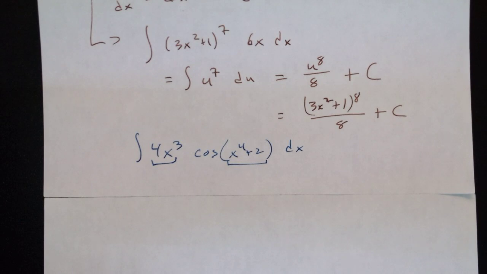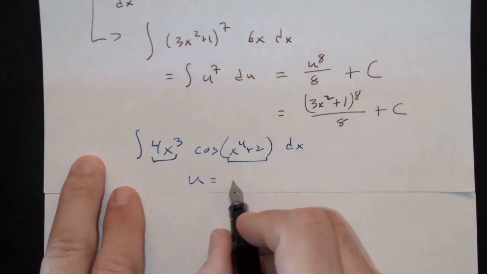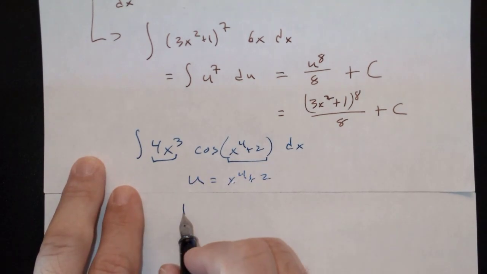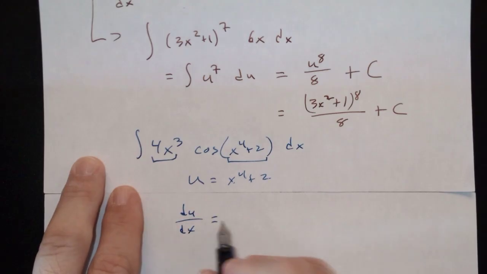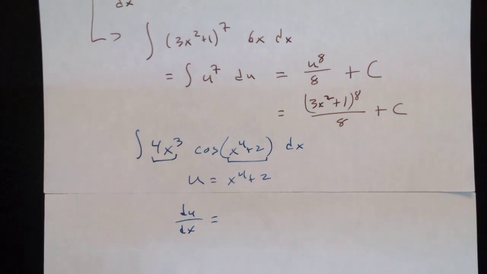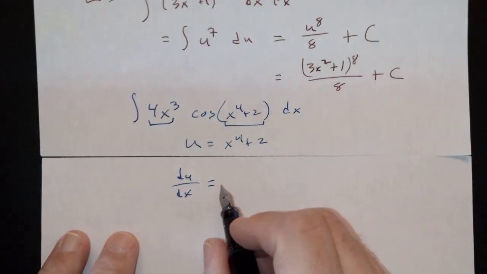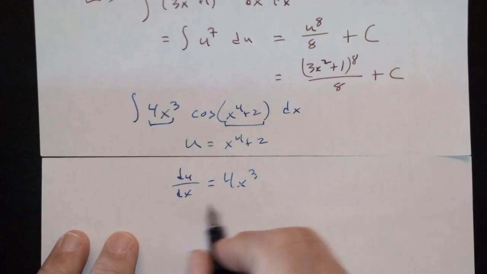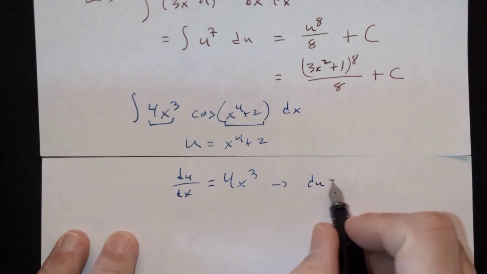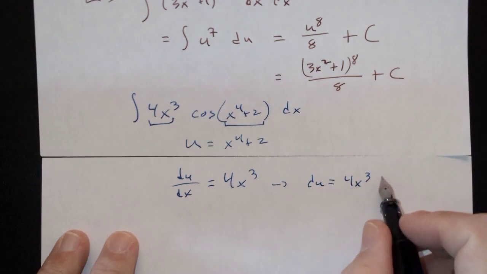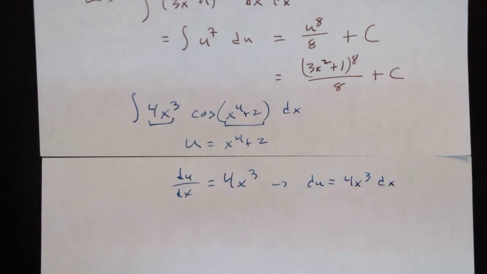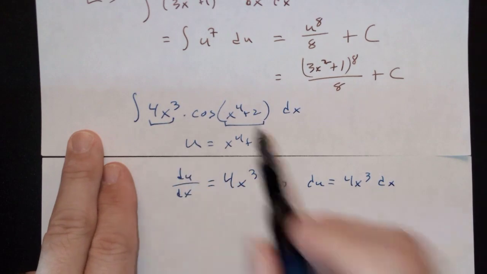So I can say, all right, if U is x to the fourth plus 2, the derivative of that, and then I rearrange my differentials, and I notice that these two pieces are being multiplied.